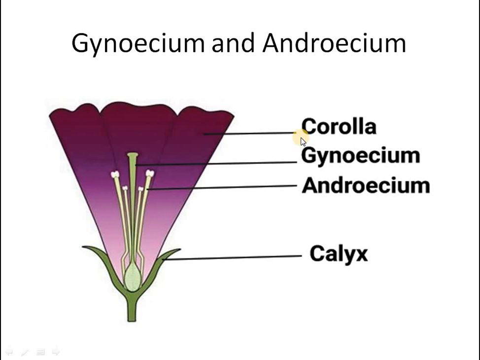All the petals together are called the corolla, while gynoecium is another name for the female reproductive organs, which includes stigma, style, and ovary. Androecium is another name for the male reproductive organs or stamens, which includes anther and filament. Then we have the calyx, like I told you in the previous slide. These are the group of sepals.